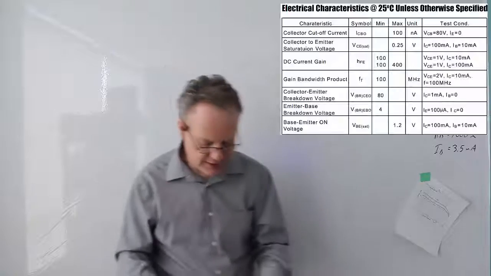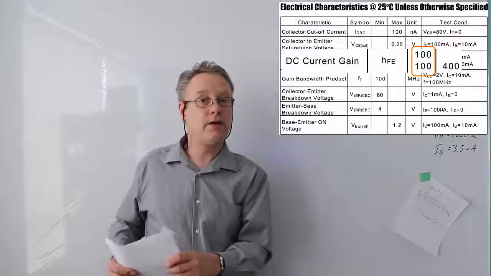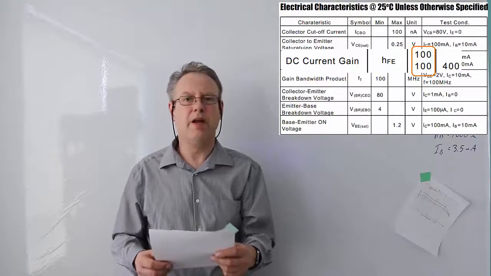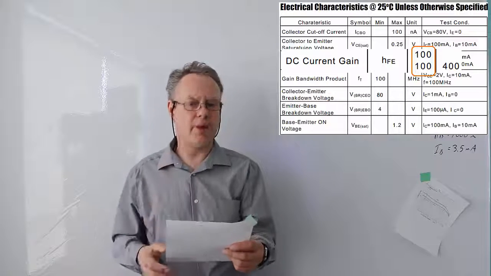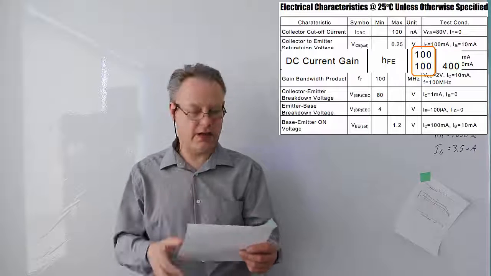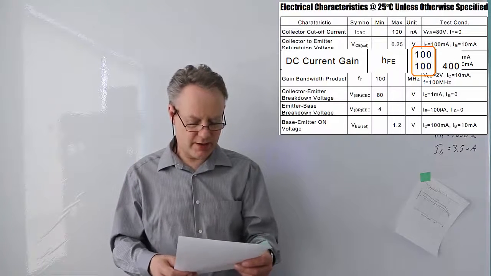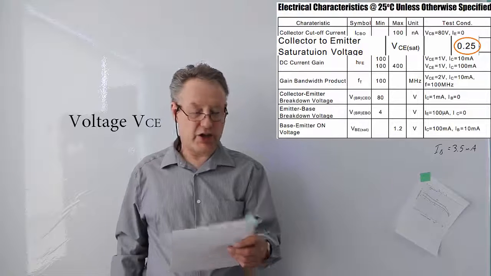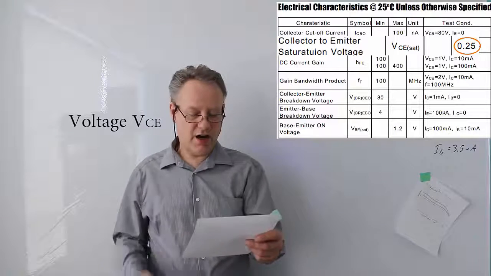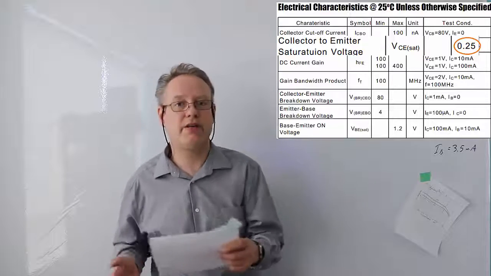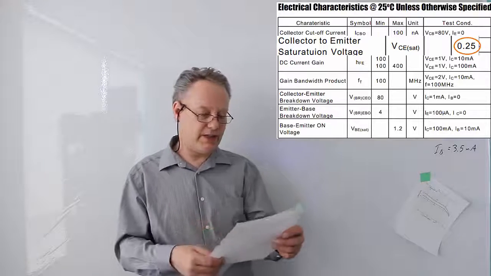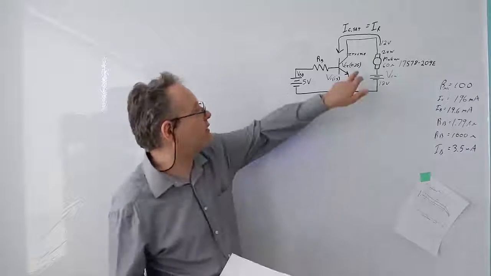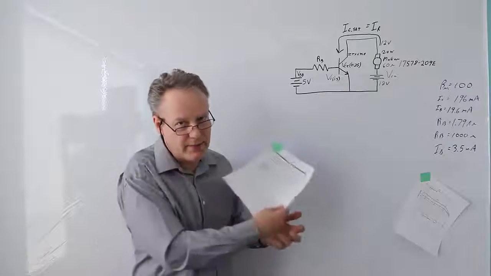If we look at the data sheet, we can take a look at the gain. You can see the gain is 100 minimum. So that's the smallest amount it can be. Before we continue looking at the gain, let's look at some other things here. It looks like the collector-emitter saturation voltage is not 0.2. Sometimes it's 0.3, sometimes 0.4, but in this case it's 0.25. We have to note that, and I wrote that here because it's going to go into our math.